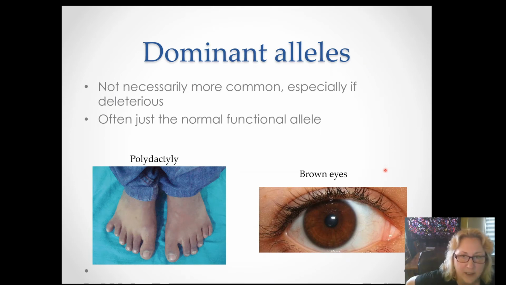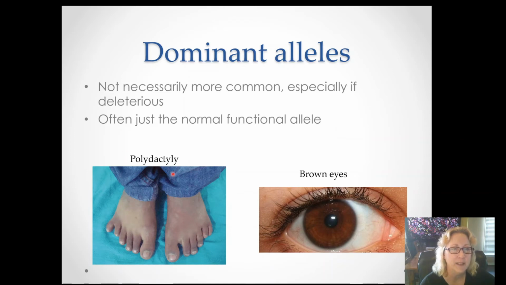Now, dominant alleles are usually just the normal functional allele, like for the cystic fibrosis gene and for the Tay-Sachs gene. The dominant allele is just the normal functional allele. But dominant alleles can also be deleterious, although this is less common.